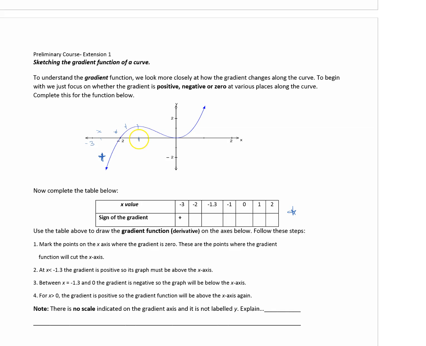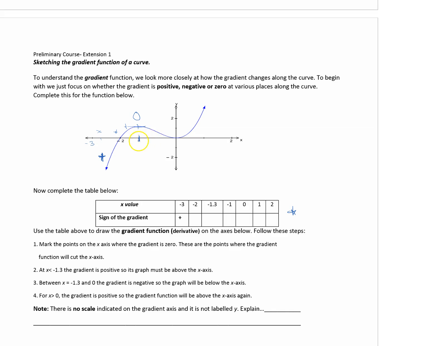Right here, when x is this value, and that's just a little bit less than -1, the gradient will be 0, because if I draw a tangent at that point, then it's horizontal, which means it has 0 gradient.